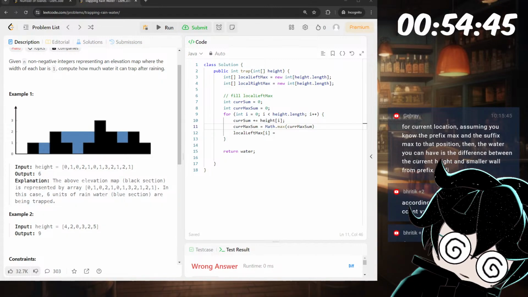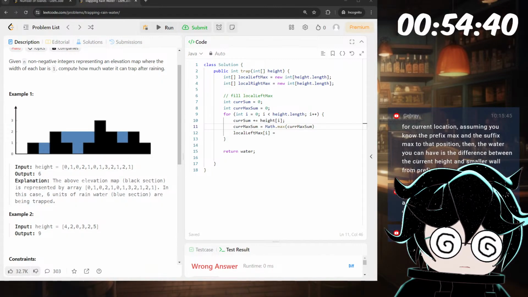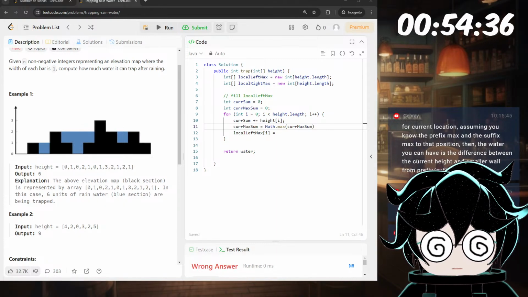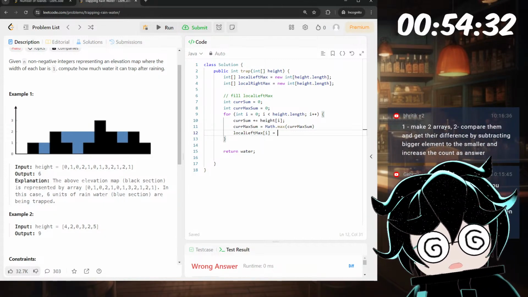Oh, I think I understand what you're saying. Yeah, the minimum of my left and right minus my current ground level. That's the water level. Okay.